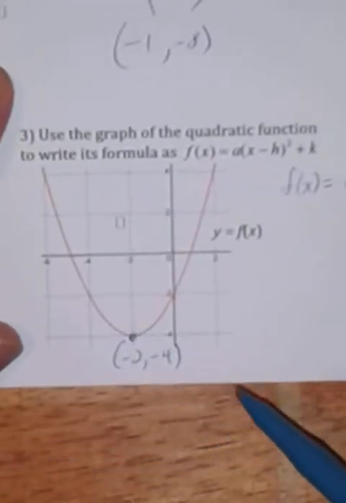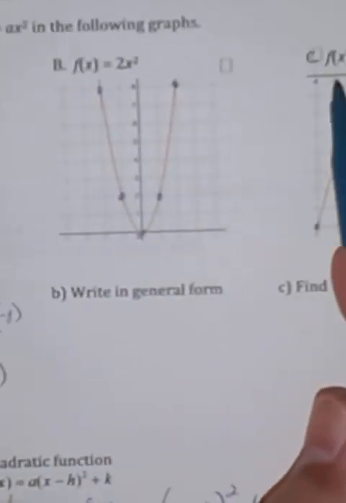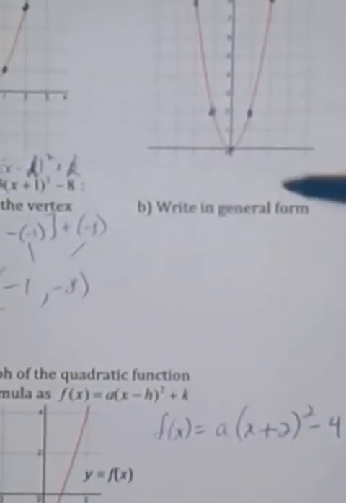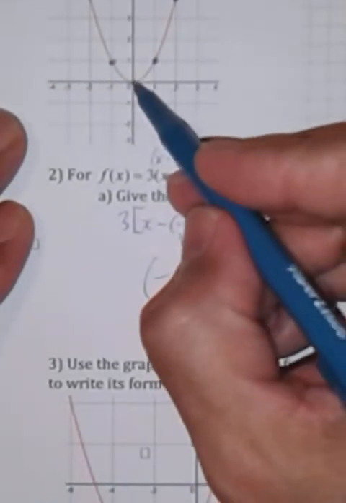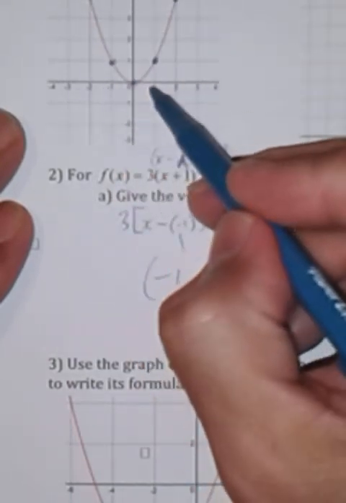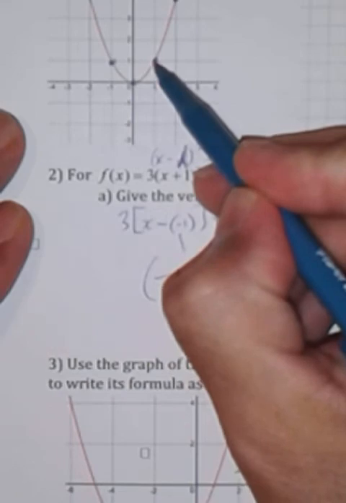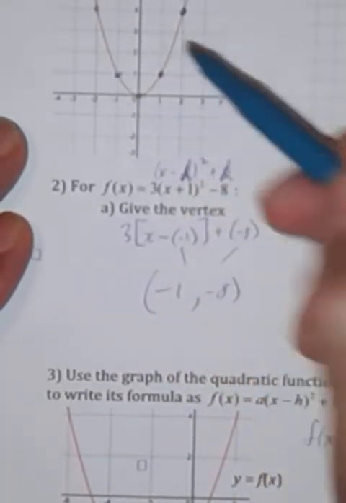All right, so I'm going to stop right there and give you a chance to think about how I get a. Well, remember I said over here that the effect of a on the parabola just multiplies your vertical distances from this pattern over here, right? So 1 to the right or left and 1 up. So if this was a 2, it'd be 1 to the right or left and 2 up from the vertex.